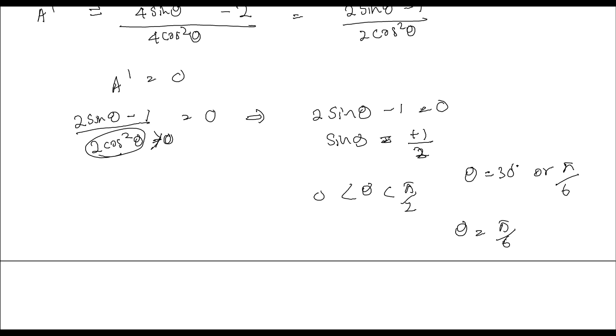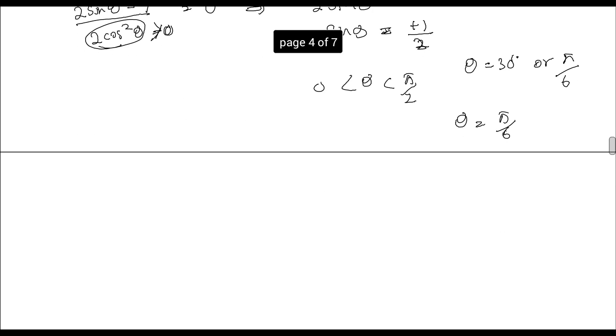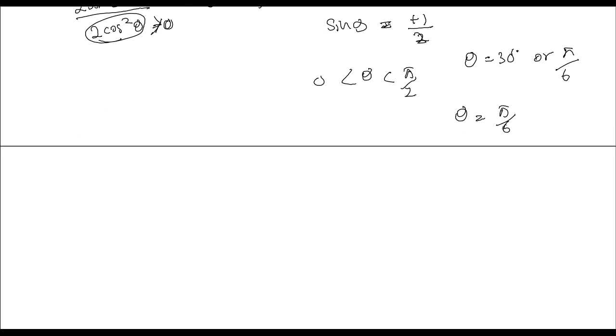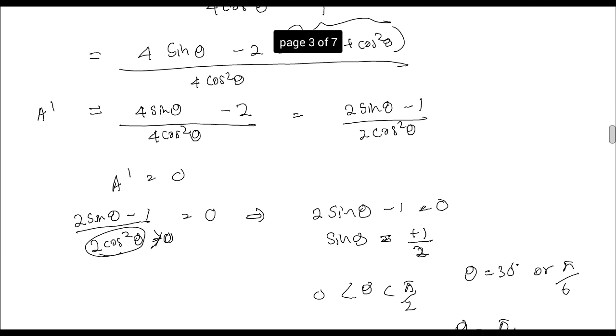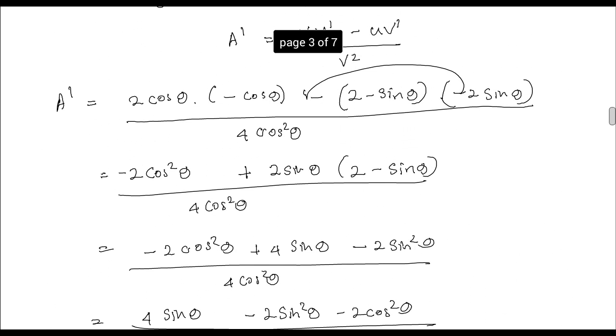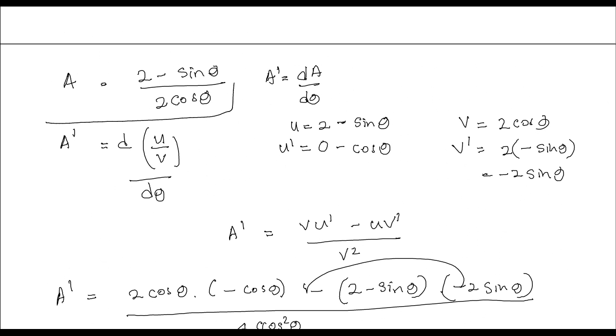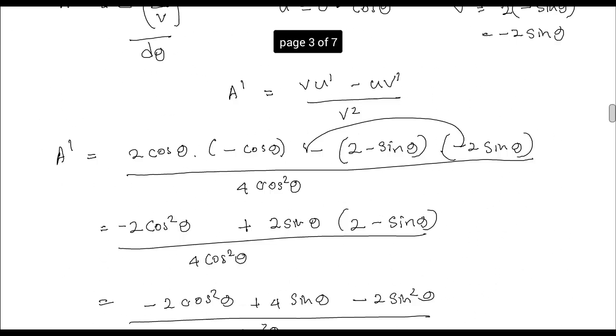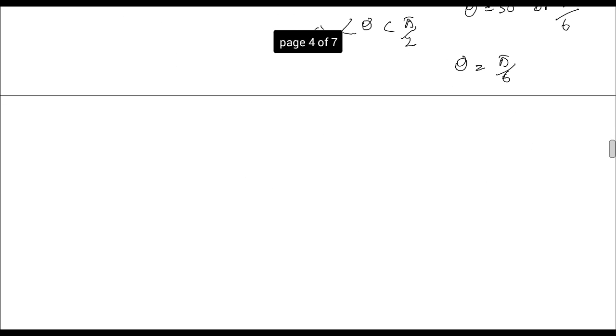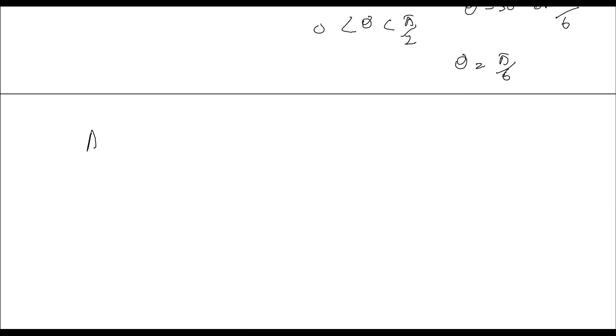There are different ways of doing it. One thing is just looking at the question. In this question, we found the area to be 2 minus sin theta over 2 cos theta, right? So let me rewrite that. Area to be 2 minus sin theta over 2 cos theta.